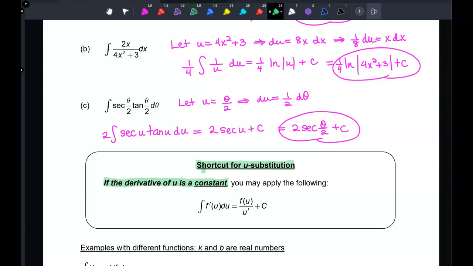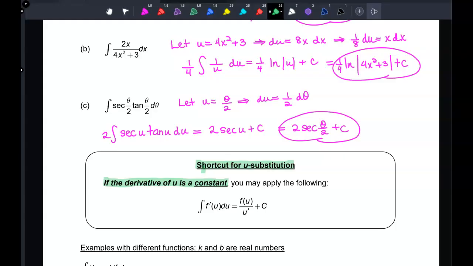So, for example, what was the derivative in the last one? 1/2. So I could just go right to the antiderivative for secant tangent, which is secant of theta over 2. And then what happens if I divide by the derivative? If I divide by 1/2, that's how I get the 2 in front.